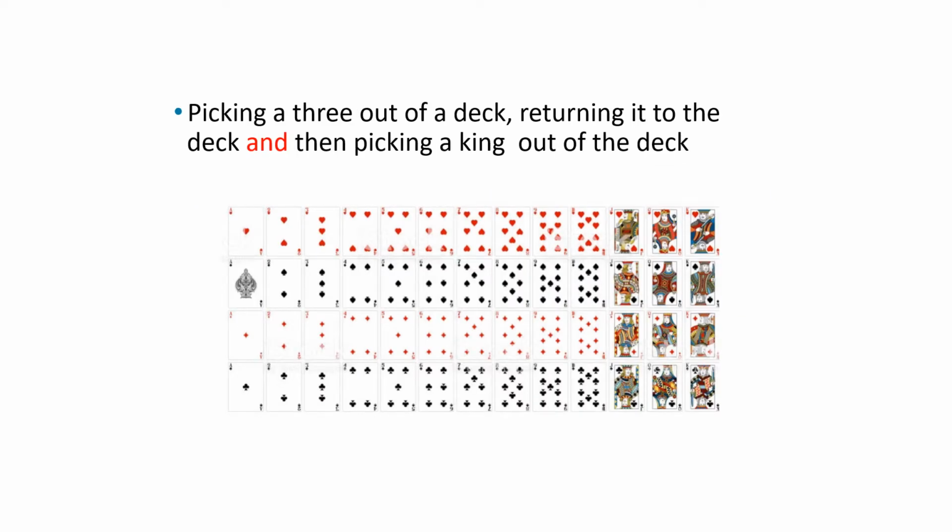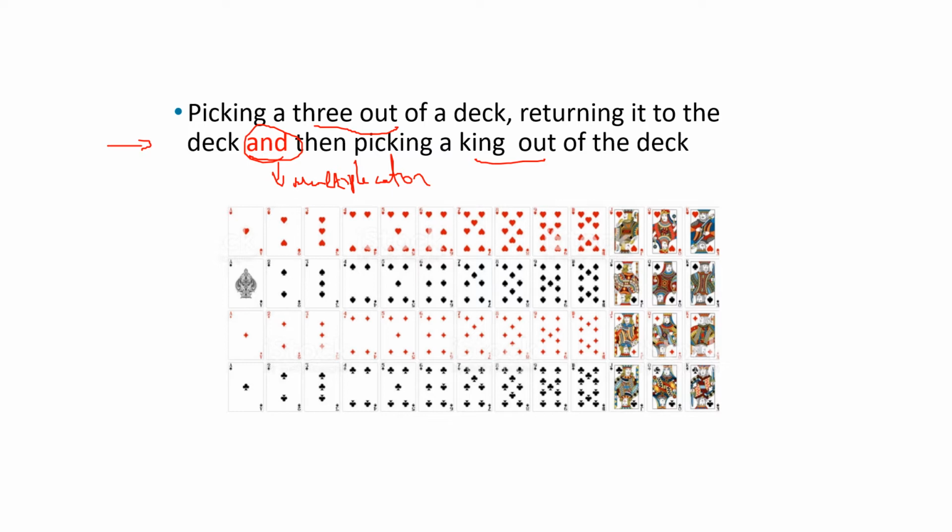Now, another type of exercise. Now they said picking 3 out of a deck. So you need to get a 3 and return it into the deck. And so this already, you know that this is a multiplication. And then picking out a king out of the deck.